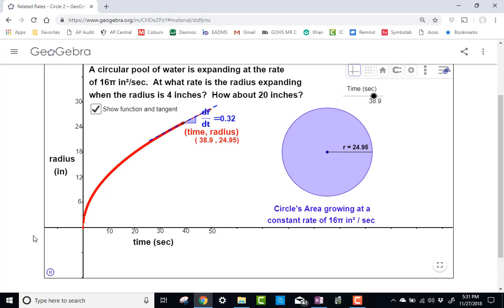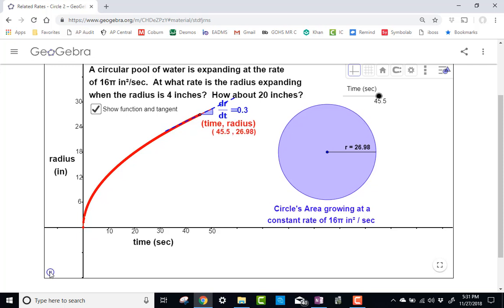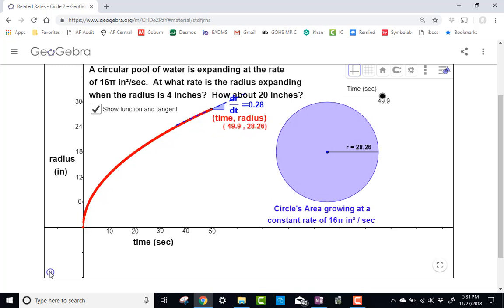Look at dr dt. I'm going to stop right here before we get to the end. Dr dt is 0.31. That means the radius is growing at a rate of 0.31 inches per second. Look at what happens at the very beginning near zero. Look what the rate is down there. We're going to let it finish out. It's going to jump back down and start over.